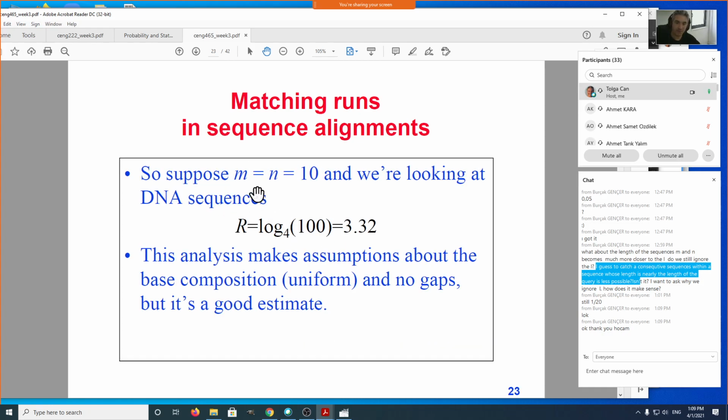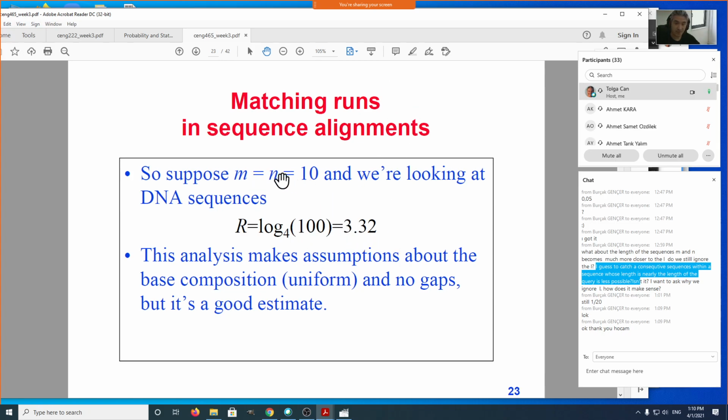Actually, if you look at it, it's not so ignorable. Look at this value when M and N are equal to 10. In DNA sequences, when M and N are small, the expected length is like 3.3. So it's like we're ignoring 100 versus 49, I mean 7 times 7, or 8 times 8.